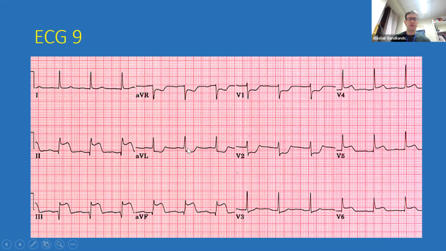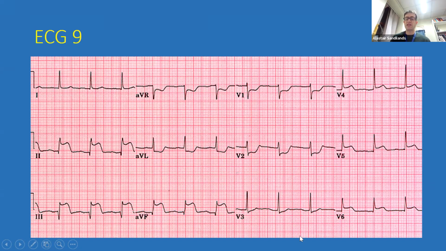It should be negative. AVL has definitely got ST depression. We've got inferior, so leads 2, 3, and AVF have ST elevation. We have ST elevation in our lateral leads as well, so V5, V6. So you know, it is individual. It is about the individual patient that the ECGs can look slightly different. So this is what we call inferior lateral.